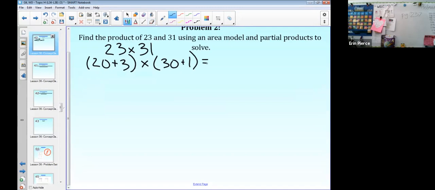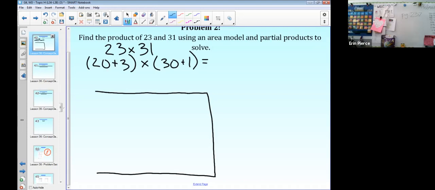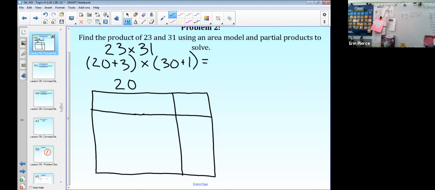Now I want to draw my area model, just like I did last time. Okay, so 23, 31.